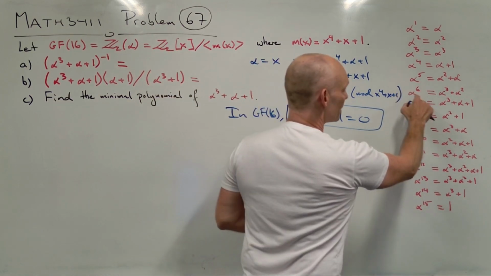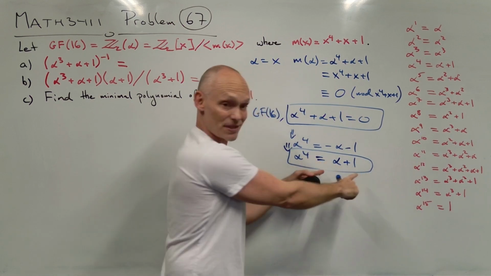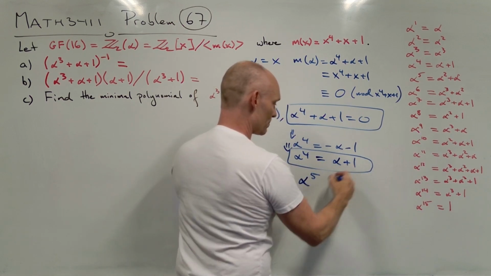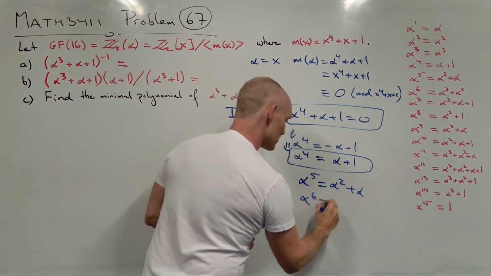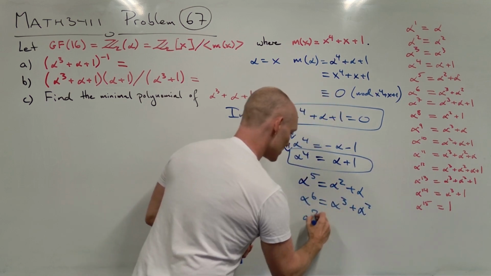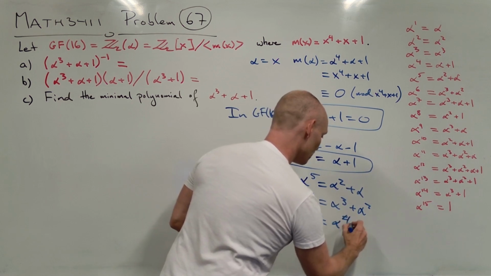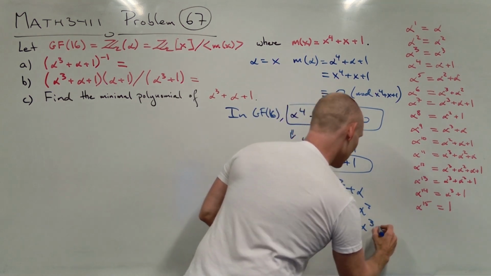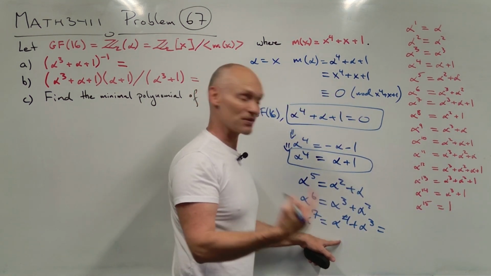And alpha to the power of 5, well, that's just what we've got if we take the previous expression, alpha to the power of 4, and multiply by alpha. So we have alpha squared plus alpha, and then alpha to the power of 6 is equal to alpha to the power of 3 plus alpha squared. And alpha to the power of 7, well, here again, that's equal to alpha to the power of 4 plus alpha to the power of 3. So that collapses because alpha to the power of 4 is equal to alpha plus 1.